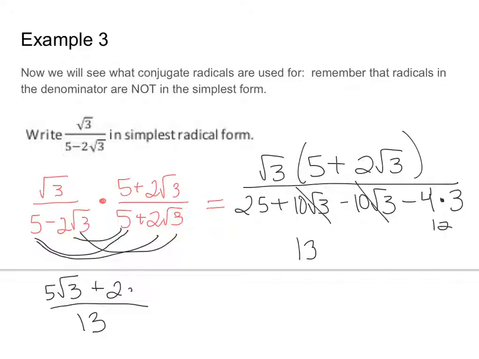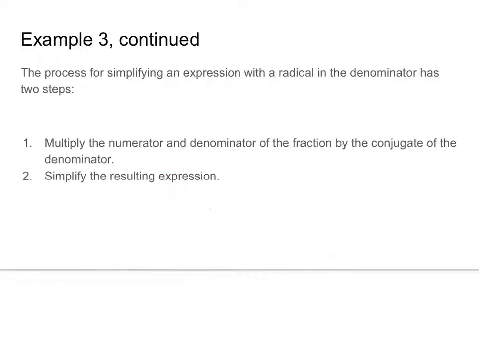Square root of 9 is 3. So this equals 6 plus 5 square roots of 3 over 13. Okay, so when you get to your problem set and you get to the first ones like this and you're still not sure what to do, please ask. I would love to explain it again.